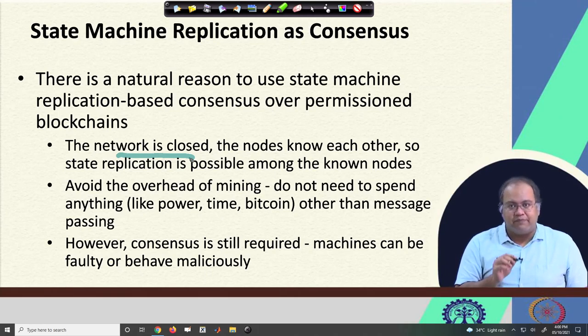Well, so when the participants or the nodes of the network know each other, you can do state machine replication among the nodes. What does it mean?